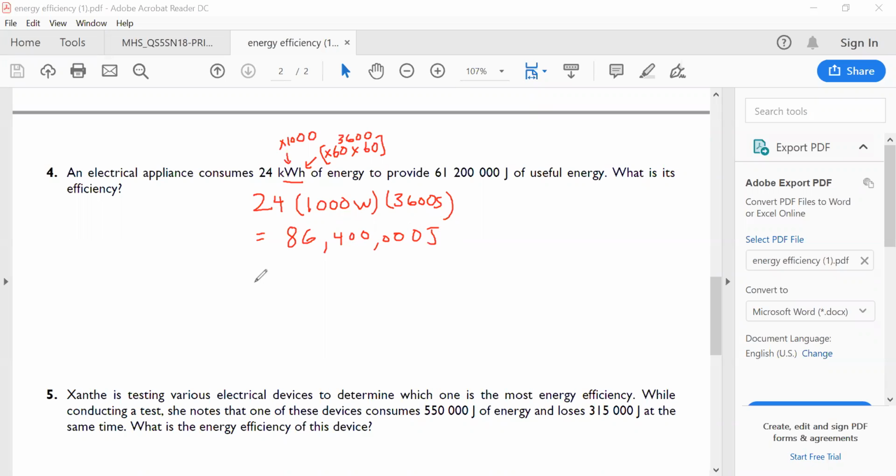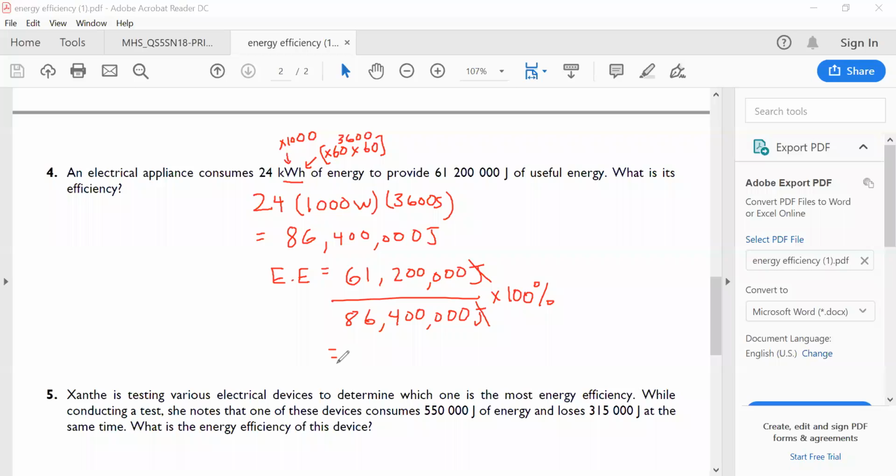Now, this simply comes down to another efficiency problem where energy efficiency is equal to the amount of useful energy, which is 61,200,000 joules, divided by 86,400,000 joules. Of course, those units cancel one another out when you multiply by 100%.